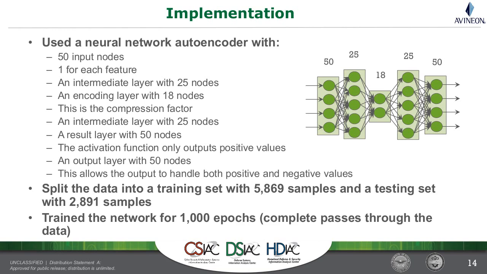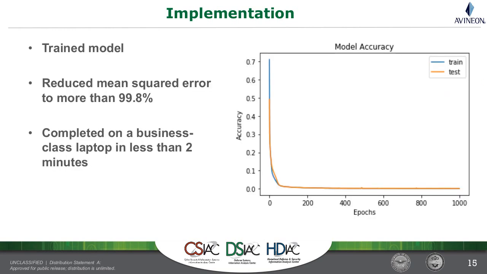So we developed off of the normal operation data set. That first data set we looked at, we divided into a training data set and a test data set, and we trained this network for 1,000 epochs, which is a complete pass through all the data, and measured its performance. If you go to slide 15, this is a typical way to look at neural network accuracy.